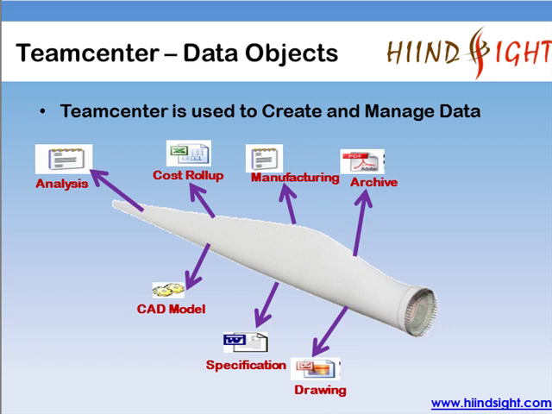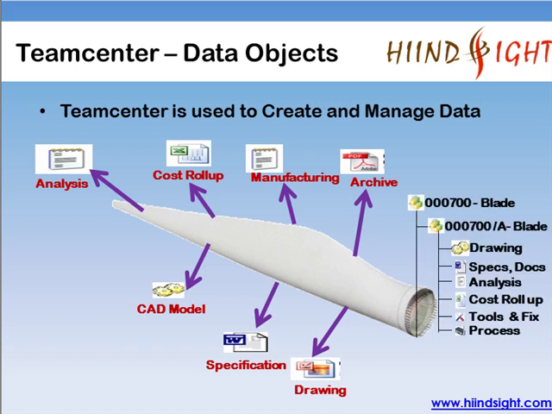Usually this data is indexed and stored in Teamcenter very efficiently so that it will be easy to store and also to retrieve data when needed. In Teamcenter, we organize this data in a much more organized manner using Teamcenter objects like items, item revisions, datasets, and forms. This is one typical structure of how Teamcenter data is created and managed inside Teamcenter.